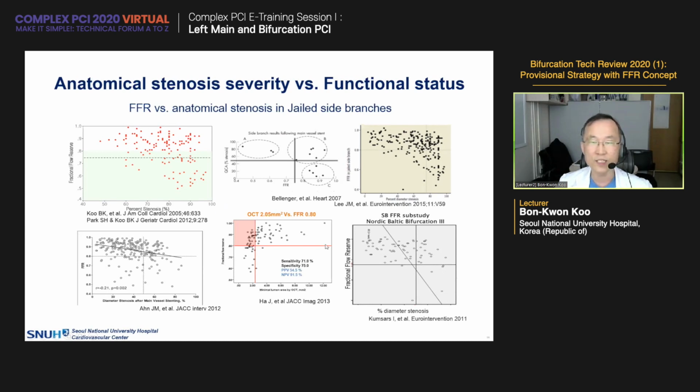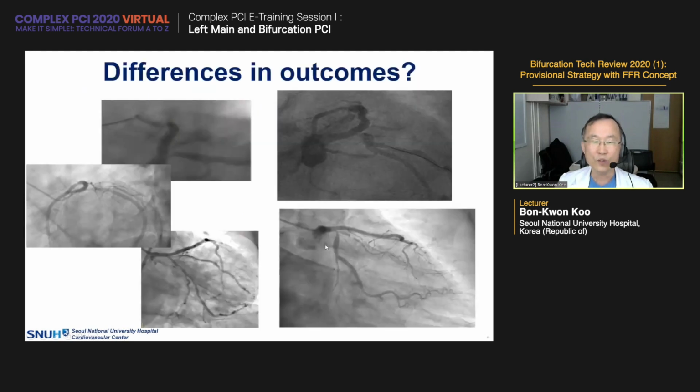There has been so much data supporting that the anatomy cannot tell you the functional significance. Here are 5 jailed circumflex branches after left main to LAD crossover stenting. If you measure FFR, you will see some are bad and some are good.